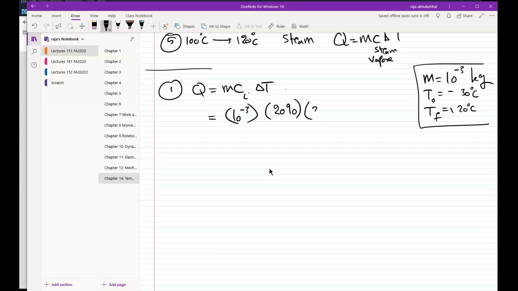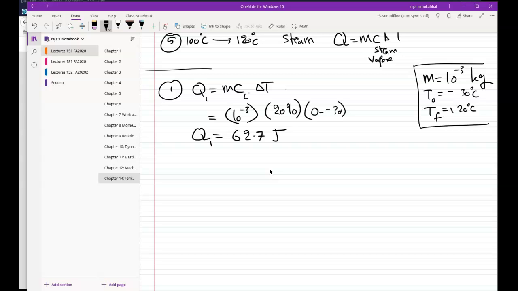So just 30 minus 0. Or if you want, here's another way of doing it. 0 minus 30. That'll be 30 there. And when you calculate that, it's going to be 62.7 joule. Okay? That's the first one. We're going to call it Q1.